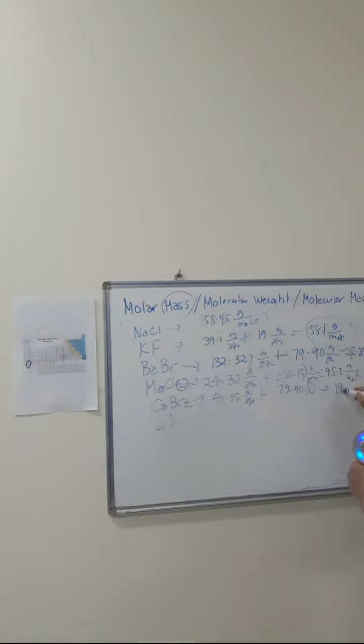Now, we have lithium iodide. Lithium is 6.49 gram atom. Iodine is 126.90 gram atom.